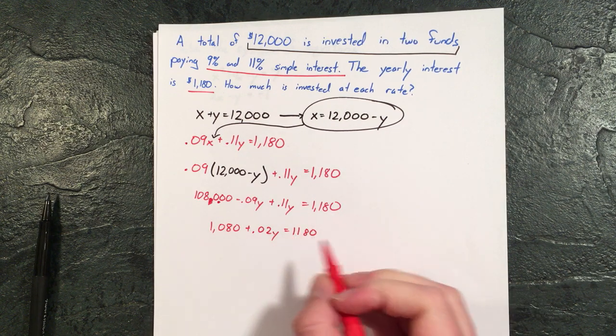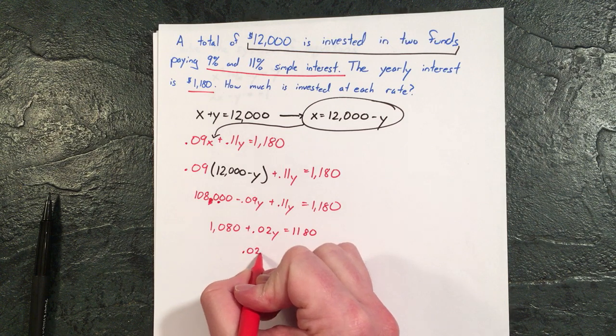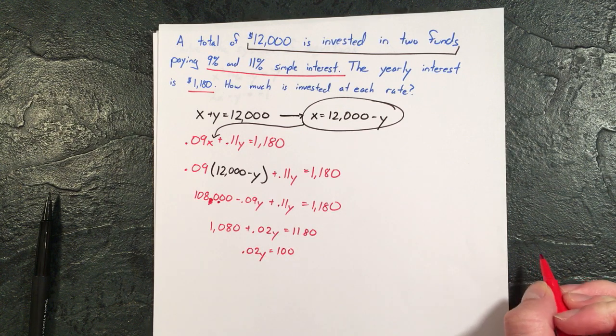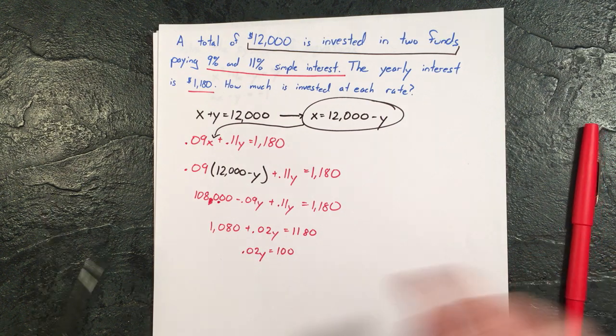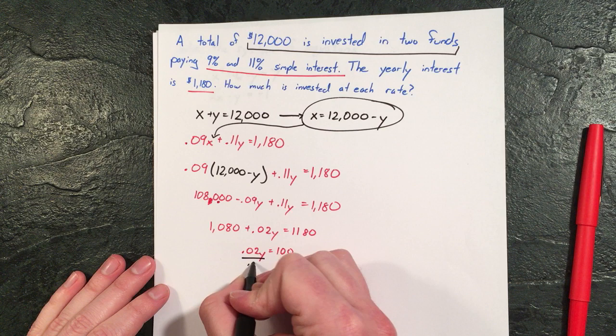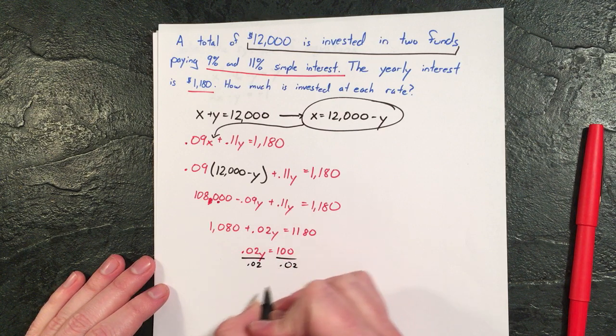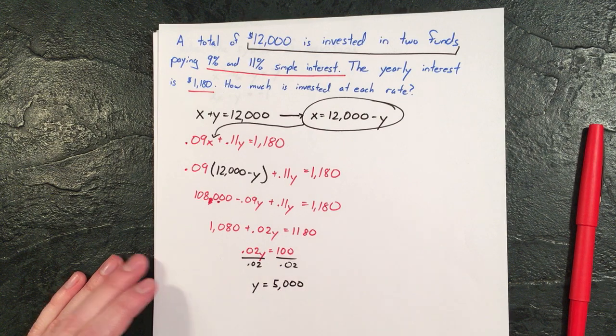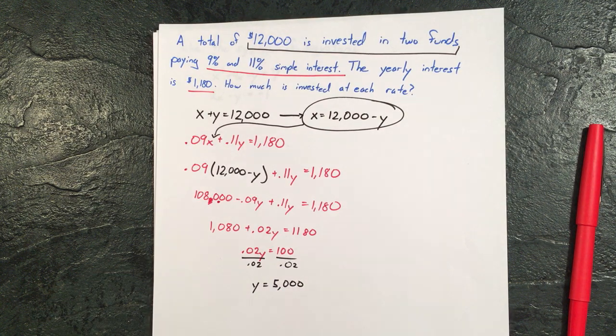We can subtract that final term over, which is going to leave us with what? 100. And if we're dividing by 0.02, same thing really as multiplying by 50. So 5,000 should be the amount that y is. Now we want to solve for what our x value is.